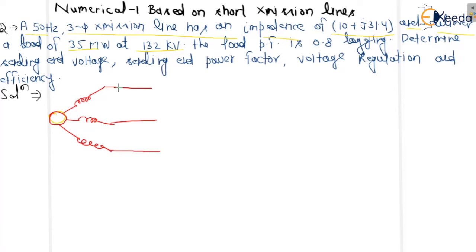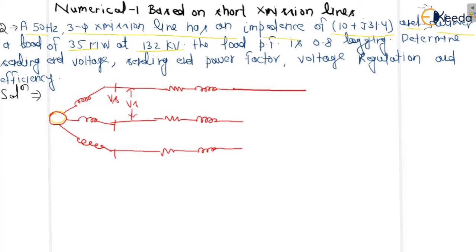And this is the voltage Vs, the line to line terminal voltage Vs, and we have the transmission line parameter, the impedance 10 + j31.4. And further we have the load.